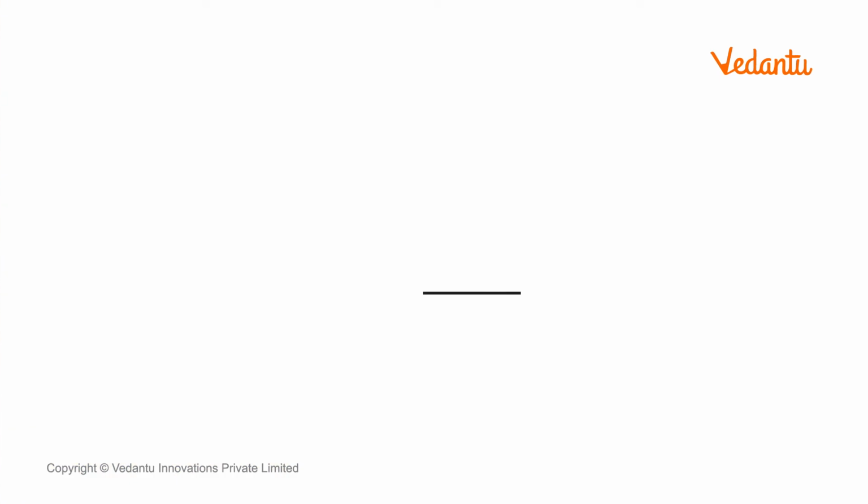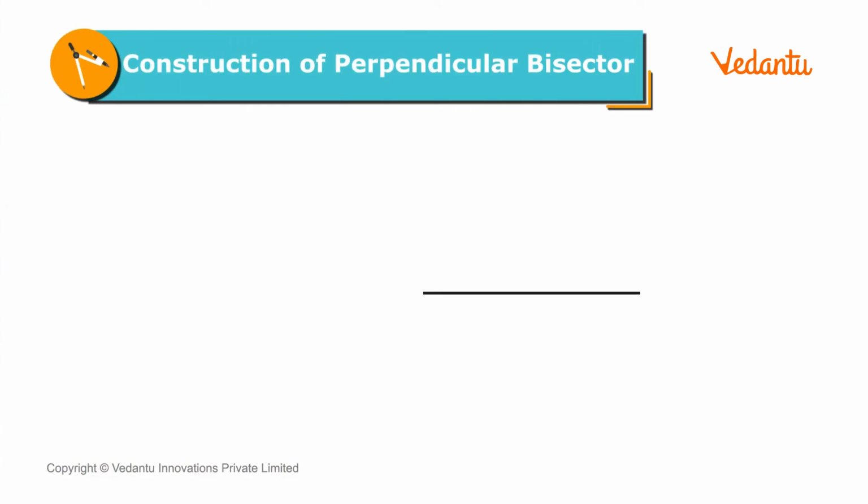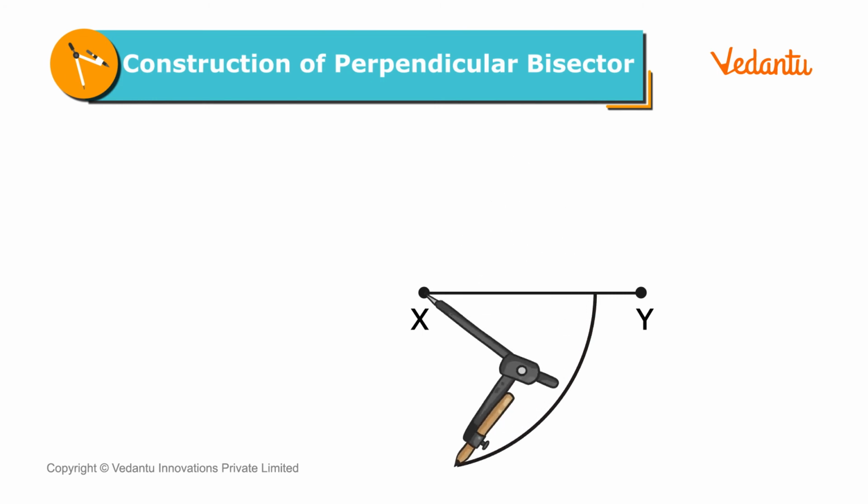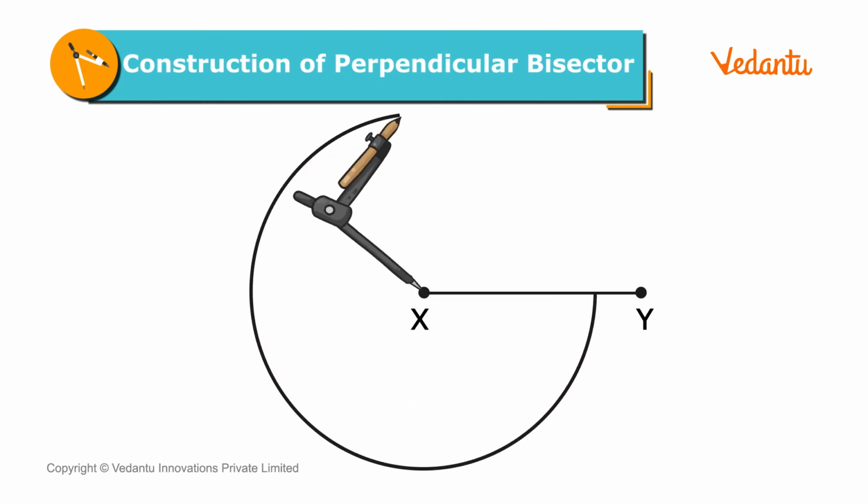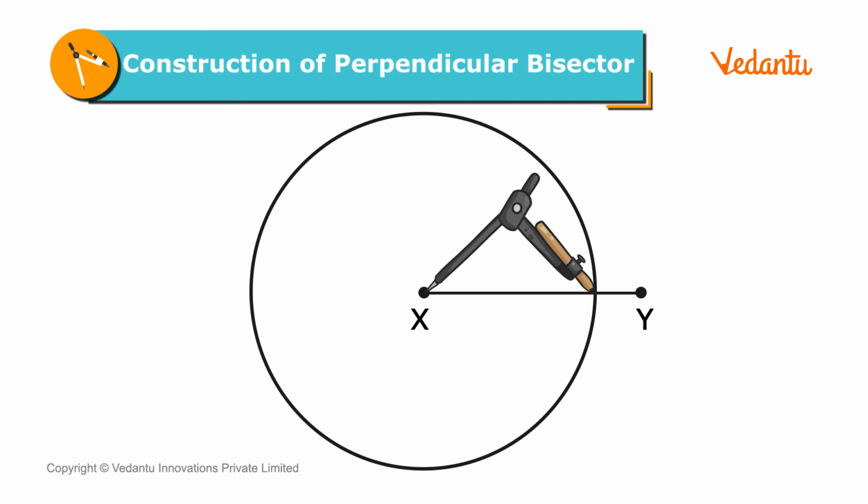Step 1. Let's draw a line segment and mark my house as point X and school as Y. To draw the perpendicular bisector of XY, we first place the needle of our compass at X and open it to slightly more than the half of the line segment. Step 2. Then we draw a full circle, keeping point X as the center of the circle. Step 3.